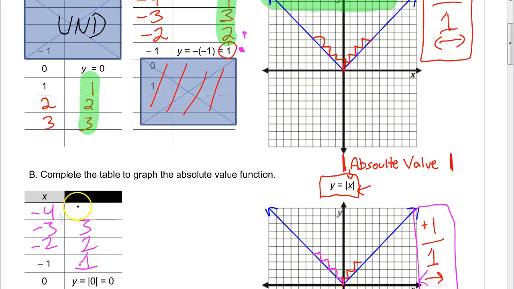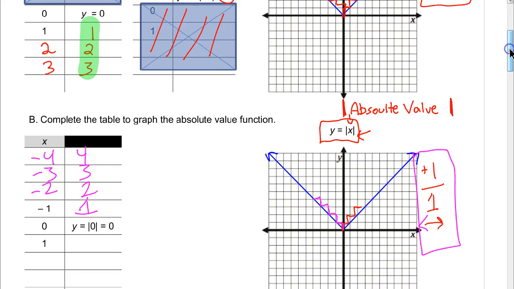So on. Continue the pattern. But then when you go positive, we don't have any more undefineds. It's just going to be +1. That gives you 1. +2 gives you 2. +3 gives you 3. So it combines the t-charts as well as the graphs all into one t-chart, all into one graph, making it a little bit, or actually a lot easier to work with.